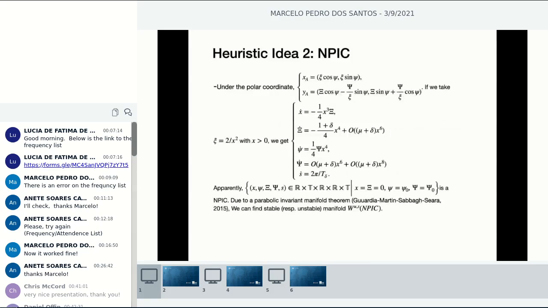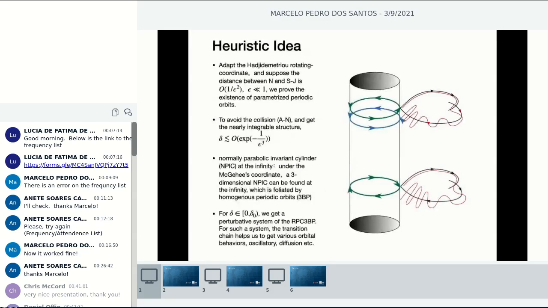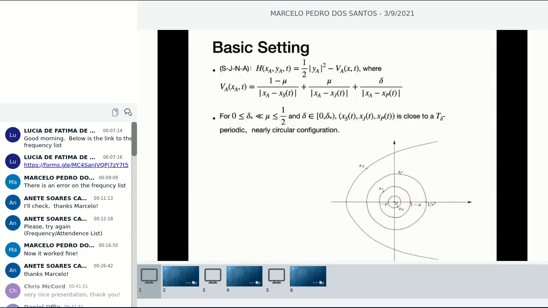The second part is about the NHIC, the invariant cylinder. So under the polar coordinate, we know that X_A and Y_A are the Cartesian coordinates of the asteroid, as we can see from the original Hamiltonian for the four-body problem.